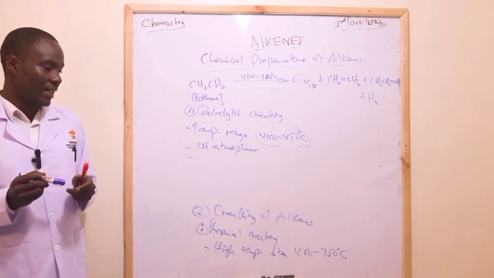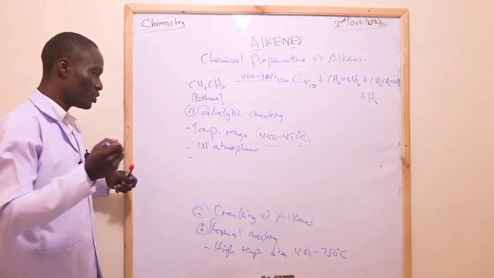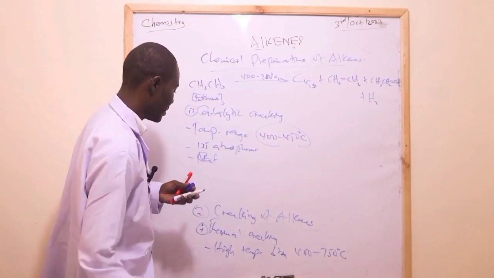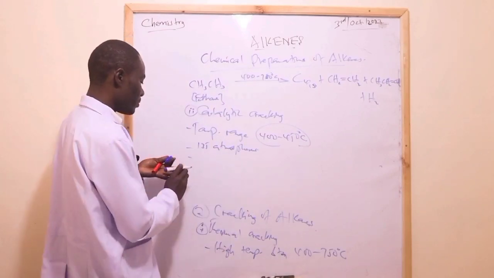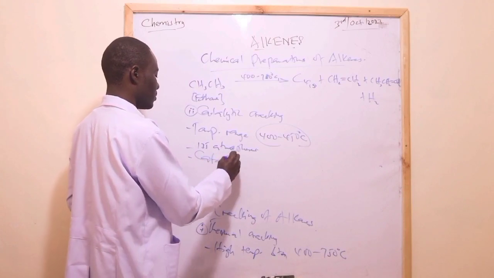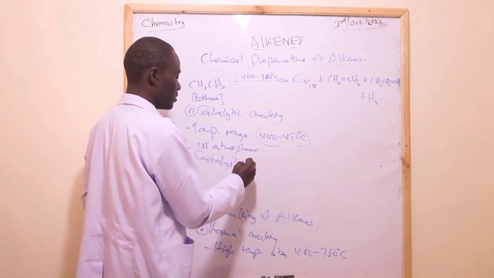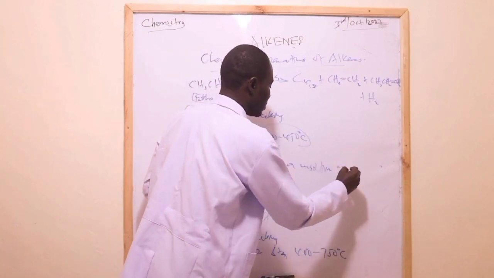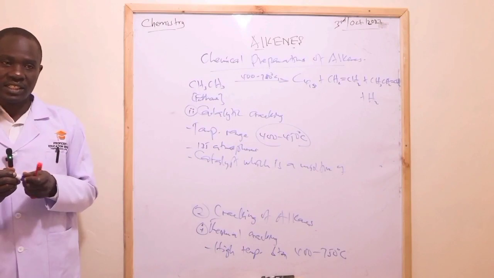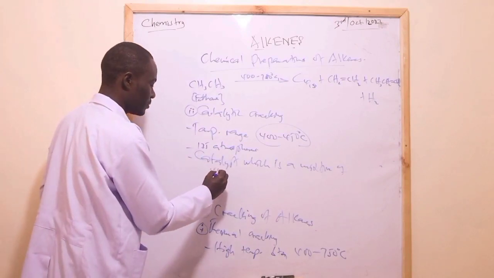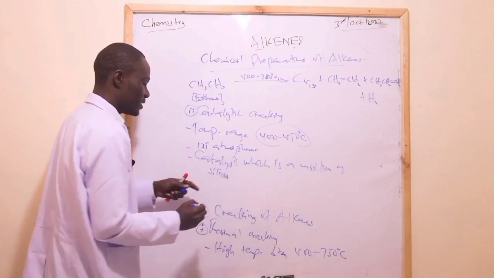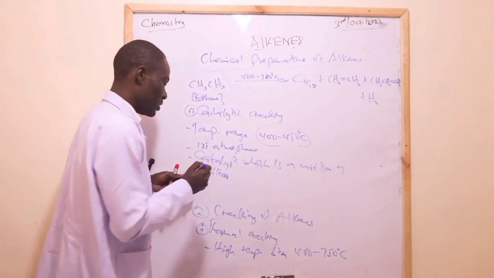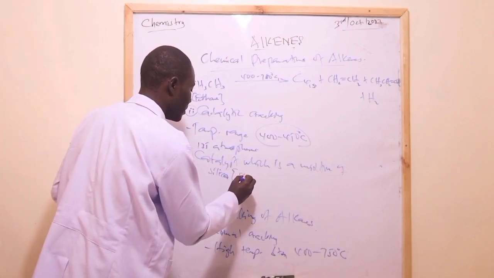Which catalyst? The catalyst that is a mixture of these two. There must be a catalyst which is a mixture of silica. Silica is just an oxide of silicon, so this one here, silicon 4 oxide.